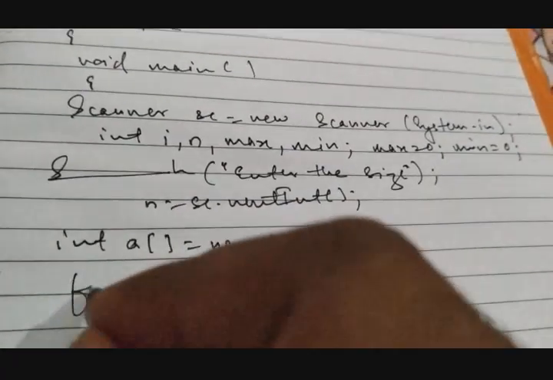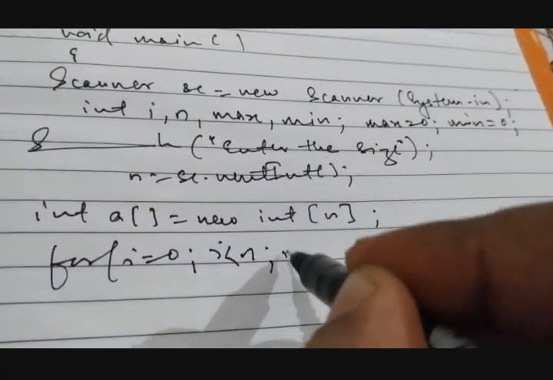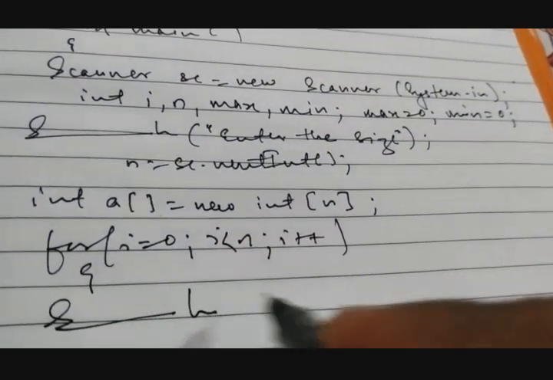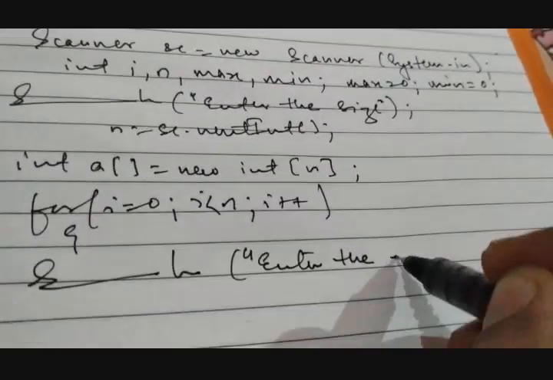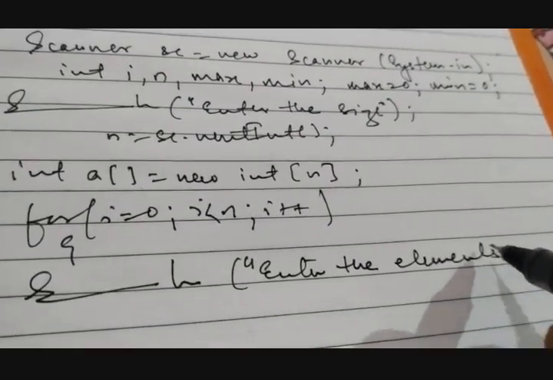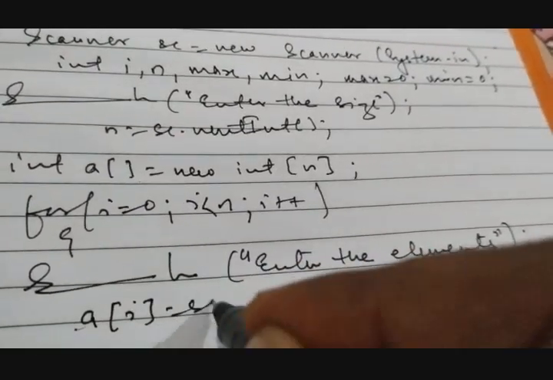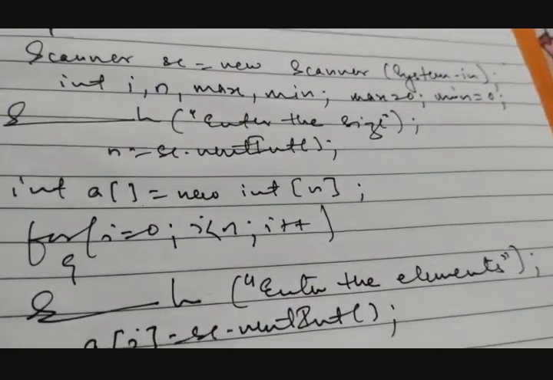Now element entry: i equals 0, i less than n, i plus plus. Enter the elements. a of i equals sc.nextInt() method.